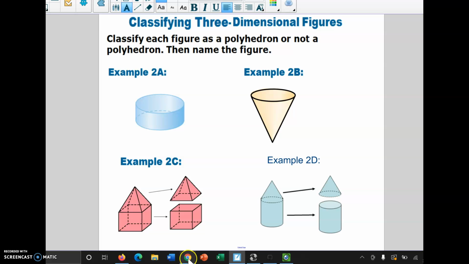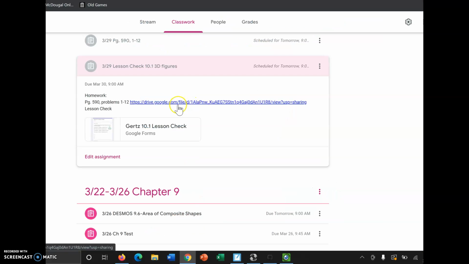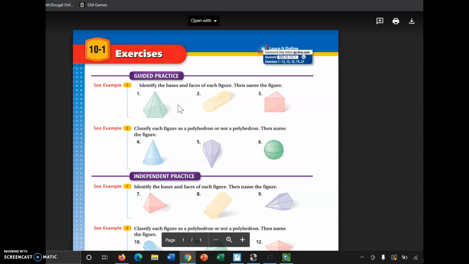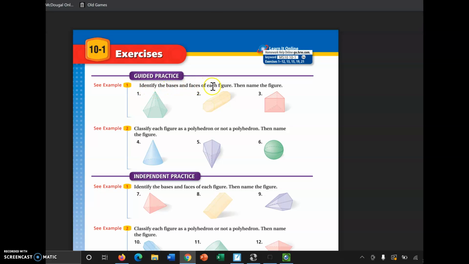Let's just pop in and look at our homework. Okay, we've got a book page here. And you're going to start out where you identify the bases and the faces, just like we did just now. So you put B and then name what the base is. There's one base, it's down here. What's that shape called? And then the faces, what shape are those?